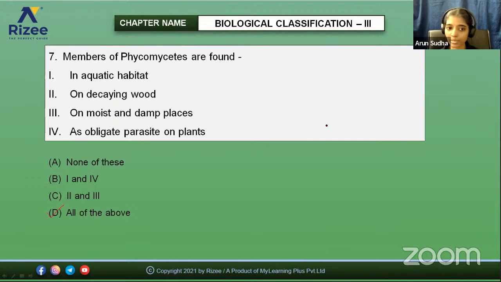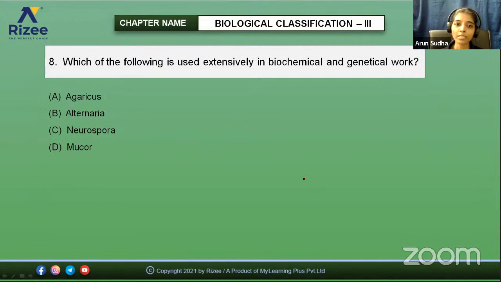So the next question is, which of the following is used extensively in biochemical and genetical work? Whether it is Agaricus, Alternaria, Neurospora, or Mucor. So which is the correct option? Yeah, good. Option C is correct, that is Neurospora.